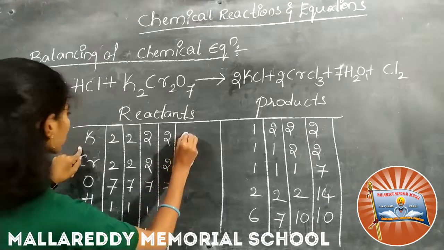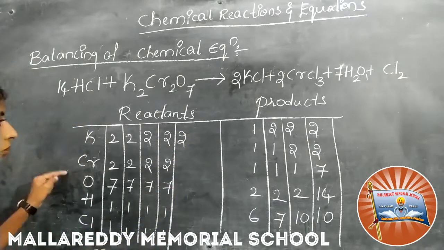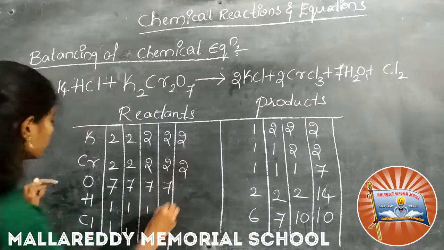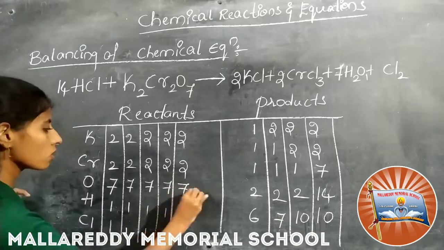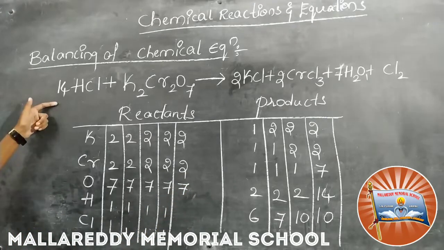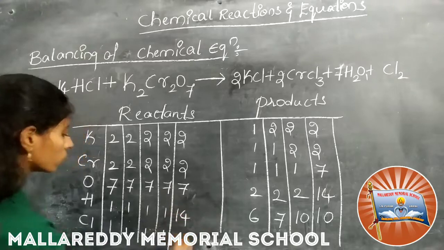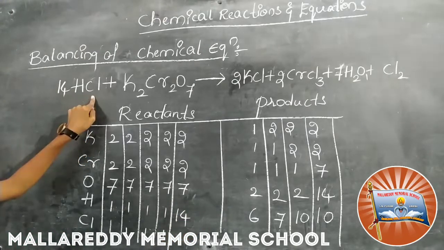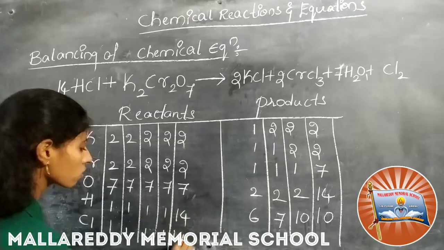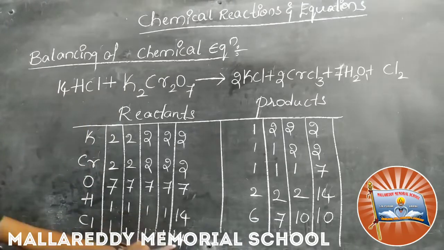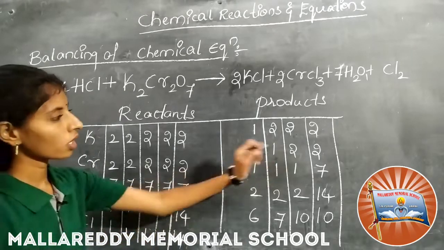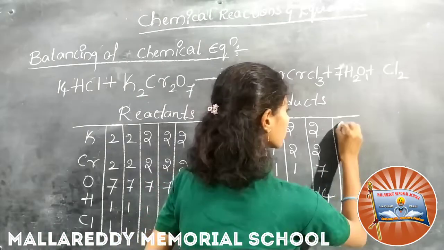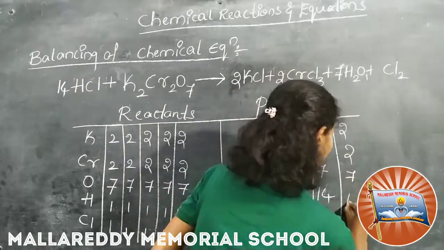We are not changing the potassium, chromium and oxygen numbers, these remain the same here. Now the number changed from 1 to 14, as well as chlorine, here it also changed from 1 to 14. Now on the product side we are not changing anything, so these remain the same.